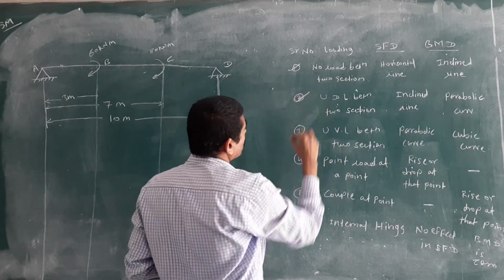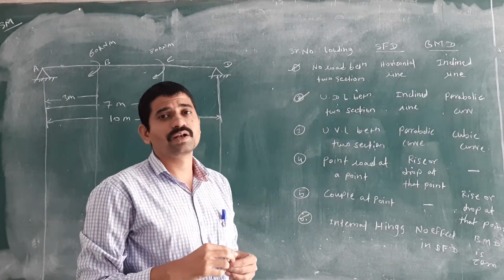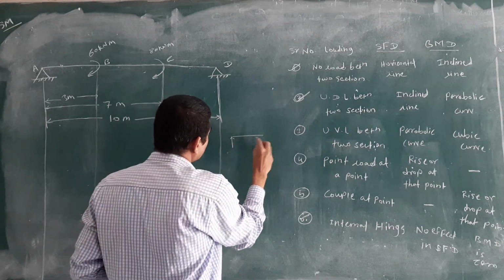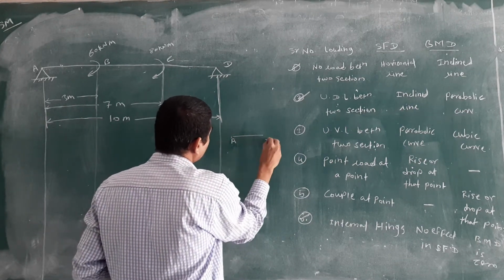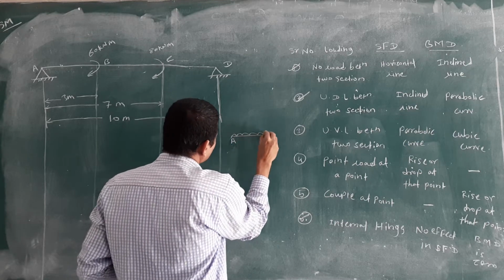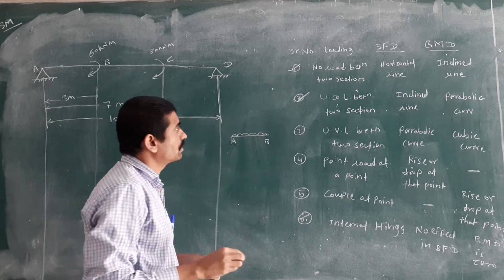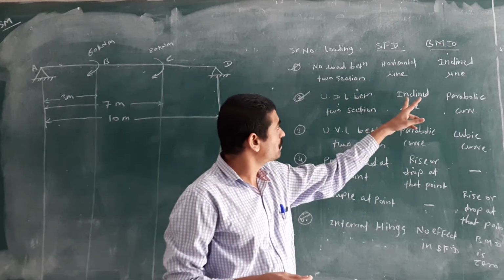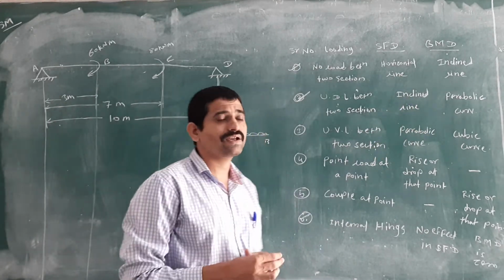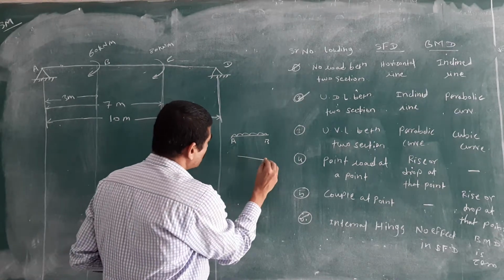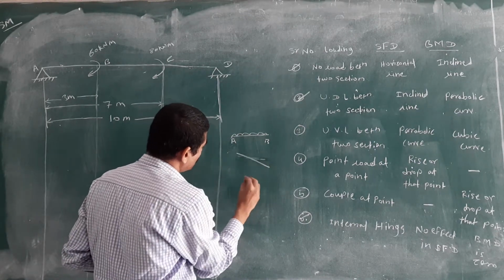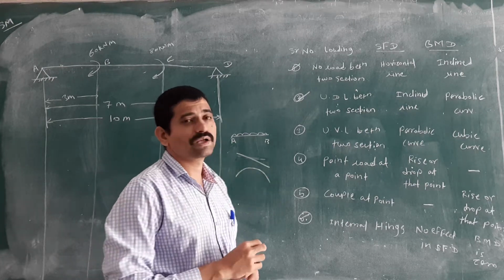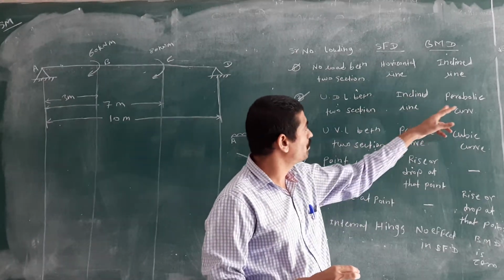Then the second point: if you are given a UDL, a uniformly distributed load, between points A and B, then you have to draw an inclined line in the SFD and a parabolic curve in the BMD.